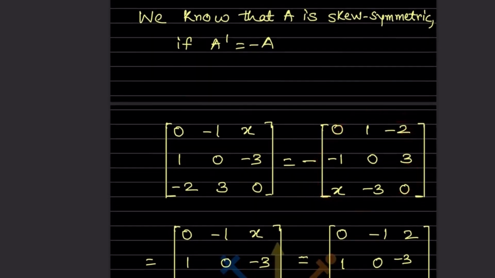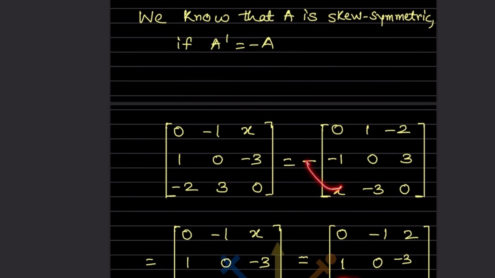So now what are you going to do here? First thing, this write as it is. So now this minus let us take inside. So minus 0 is going to be 0. Minus 1 here. Minus minus becomes plus 2. Minus minus becomes plus 1. Minus 0 here means here. Minus 3.